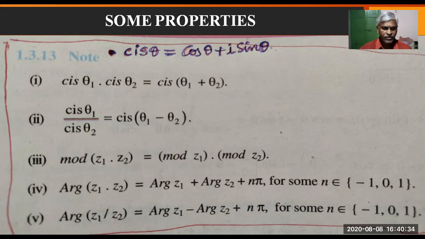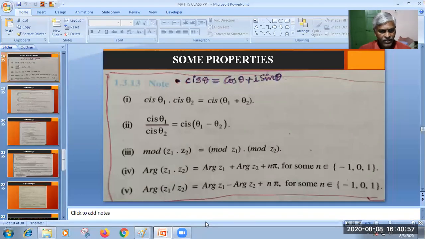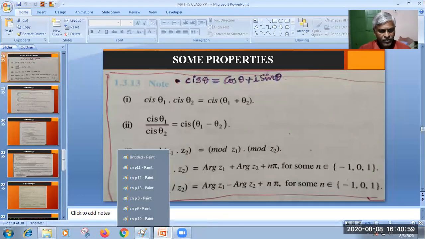The argument of z1 into z2 is equal to argument of z1 plus argument of z2. And the last, argument of z1 by z2 is equal to argument of z1 minus argument of z2. You have to remember these properties, and depending on these properties, let us go for some problems.